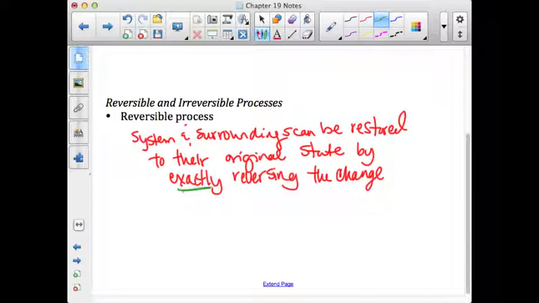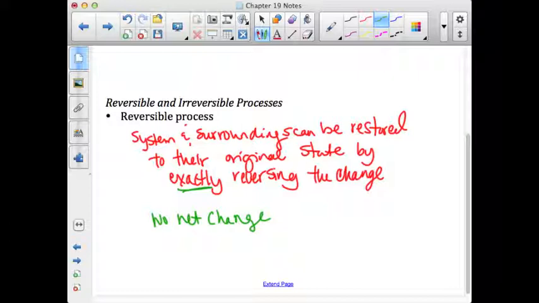You have to exactly reverse your change. It has to be exact. You have to undo exactly what you did to get there. You can't change what you're doing for it to be reversible. With these, there is no net change in either your surroundings or your system. Nothing changes. I undid what I just did.